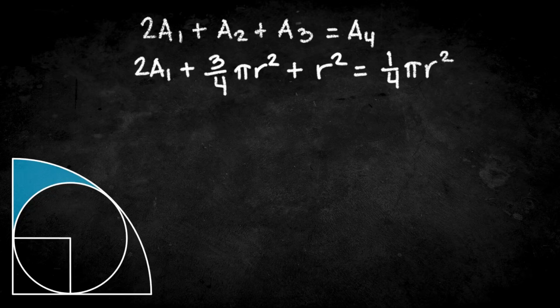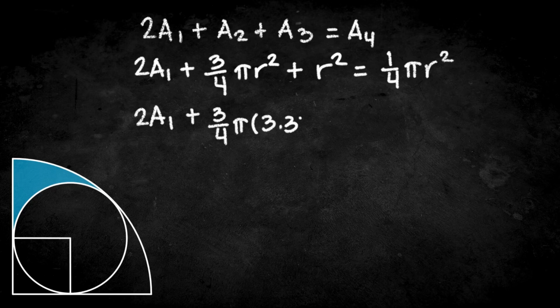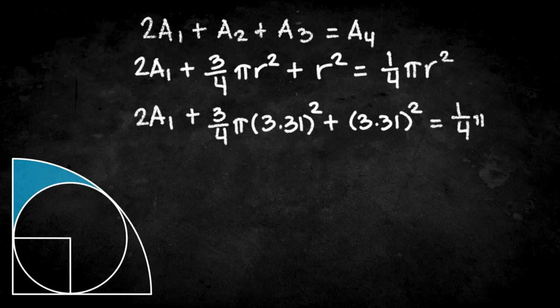It's important to note here that the radius of the quarter circle is different from the radius of the inscribed circle. The radius r of the circle is 3.31. Meanwhile, the radius of the quarter circle is 8.